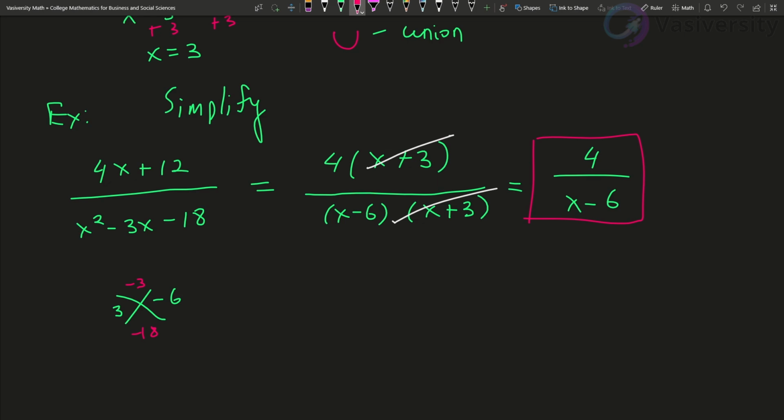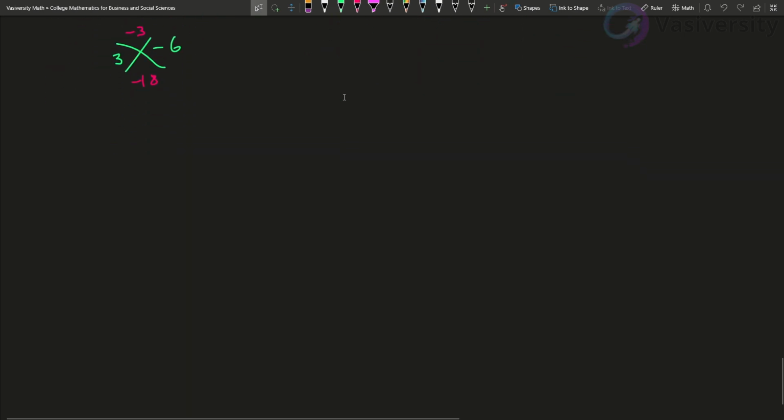For example, we can also have complex fractions. I mentioned it previously, but we haven't solved any examples on it. So for the last example of today, let's go ahead and solve a complex fraction.